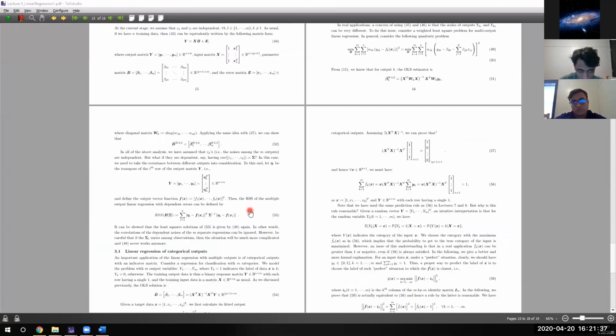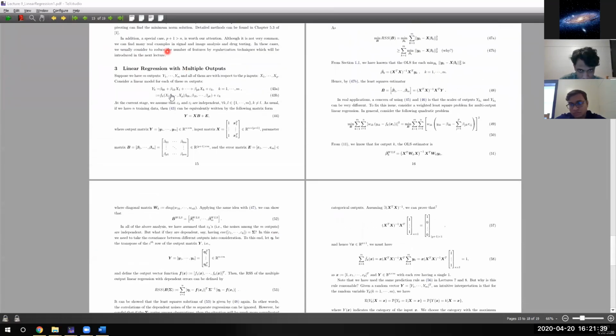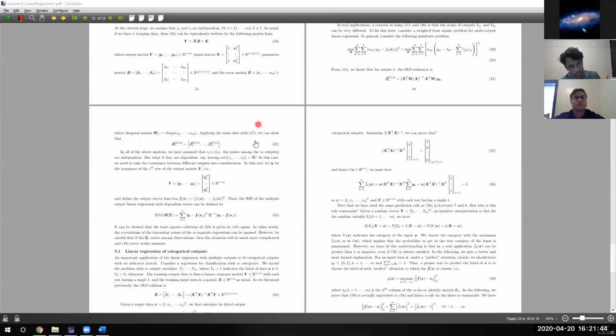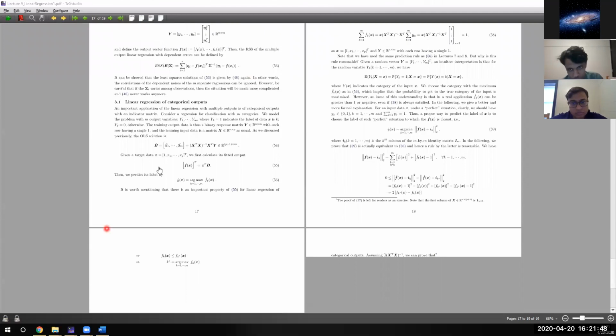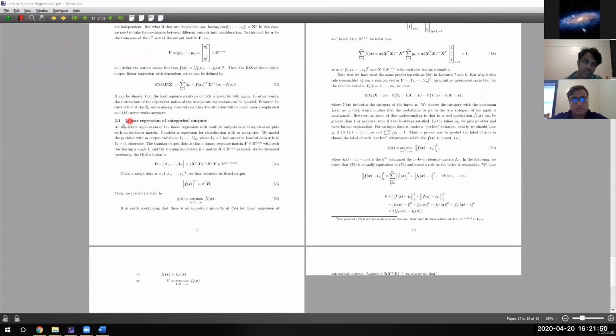Okay, so this is a very rough explanation about linear regressions with multiple outputs. In the next class, we're going to introduce one special case, which is the linear regression of categorical outputs. And I think this is everything about today's class.